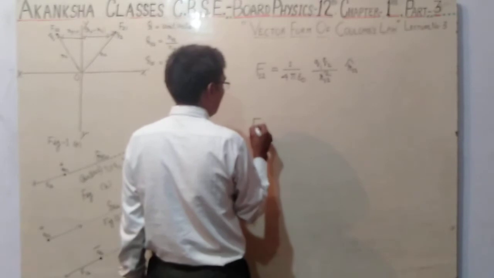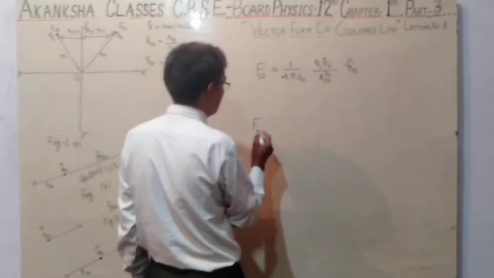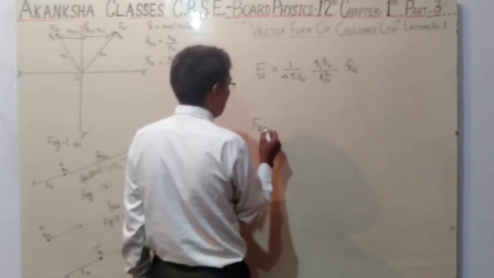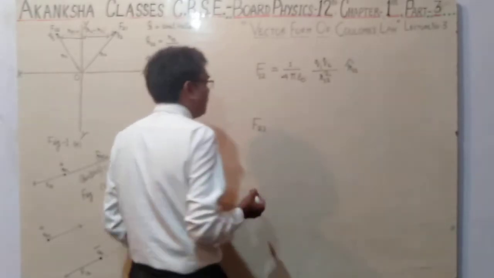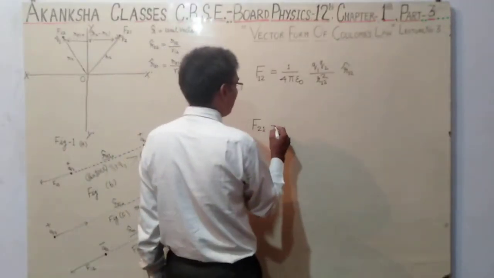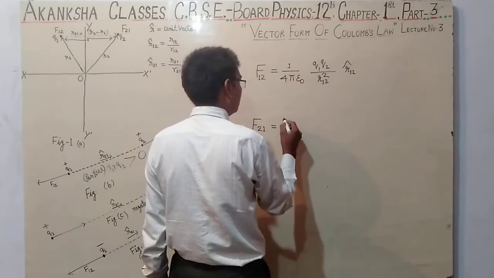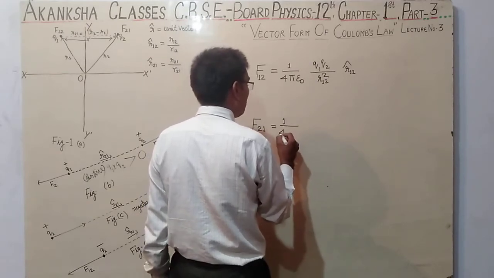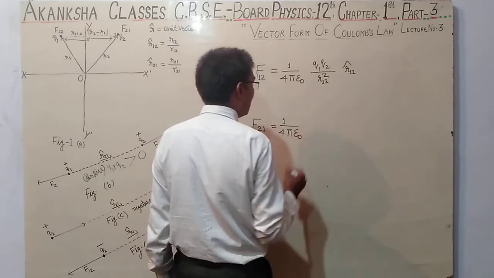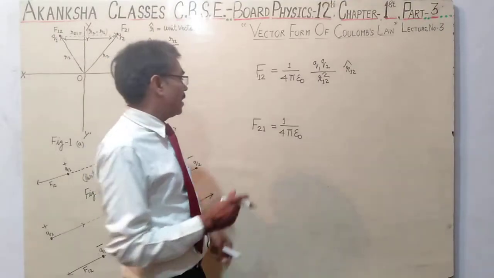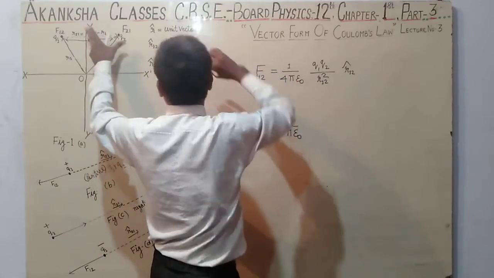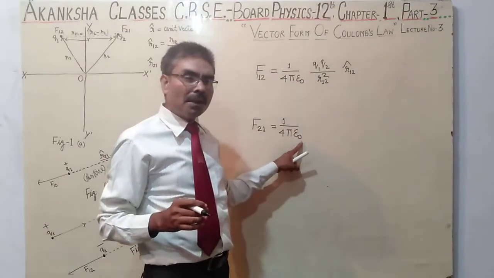But if we want to calculate the force applied on charge 2 exerted by charge 1, we will write this expression in this way. This is the same 1 by 4 pi epsilon naught, as currently we are discussing charges kept in vacuum, and this is the permittivity of vacuum.